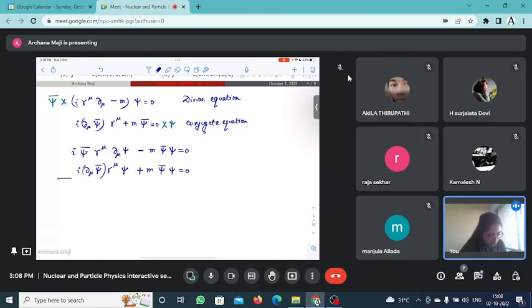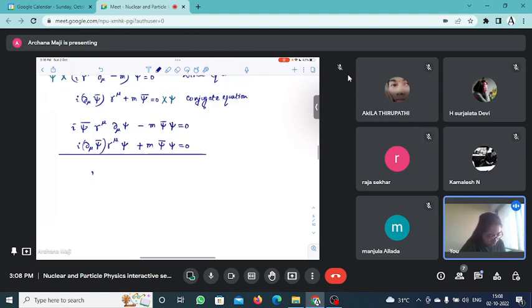Adding these equations, we get i times psi bar gamma mu del mu psi plus del mu psi bar gamma mu psi is equal to 0.